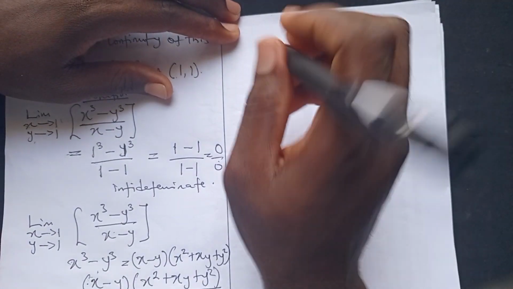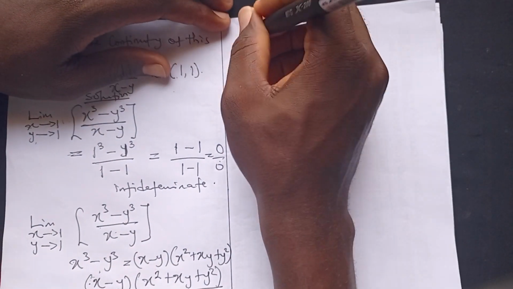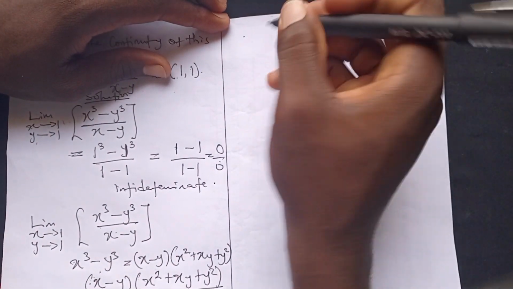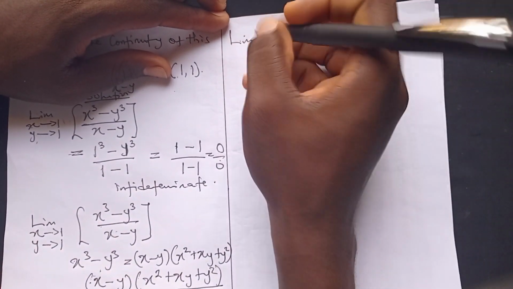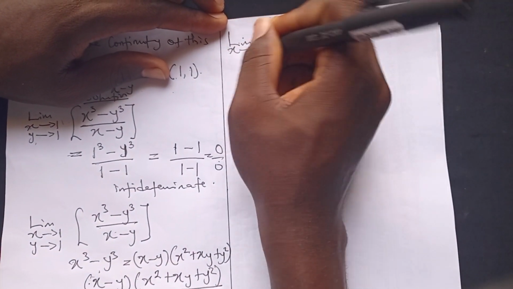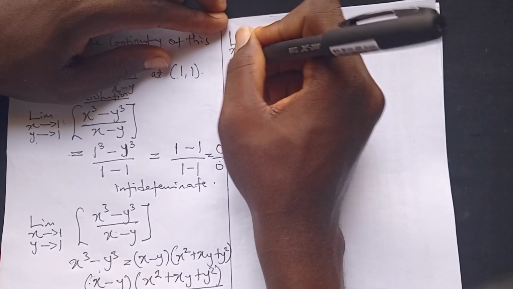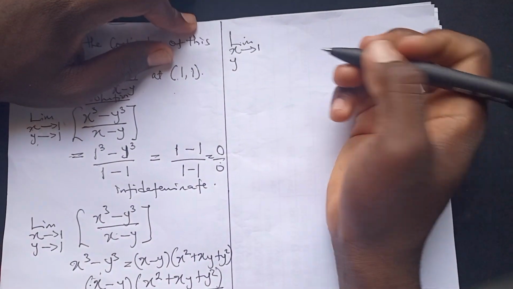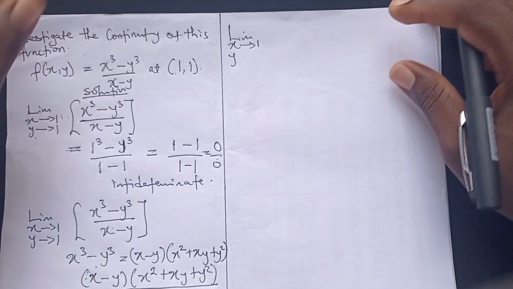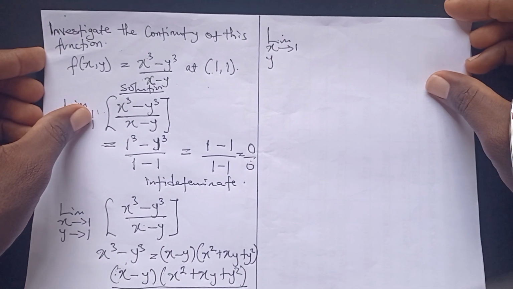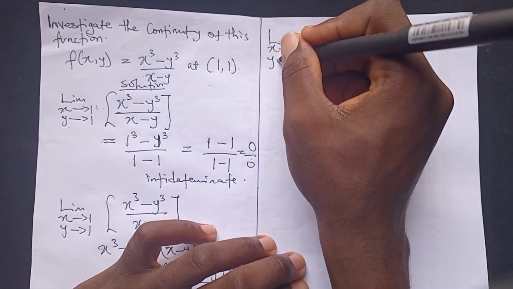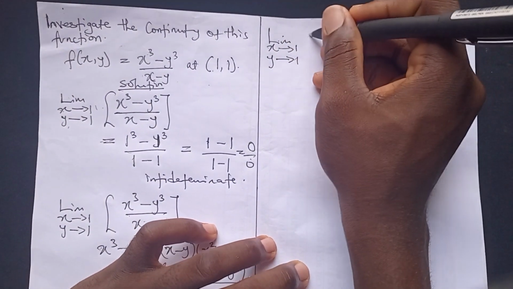So this is what we have. Say the limit of when x tends to 1, when y tends to 1.